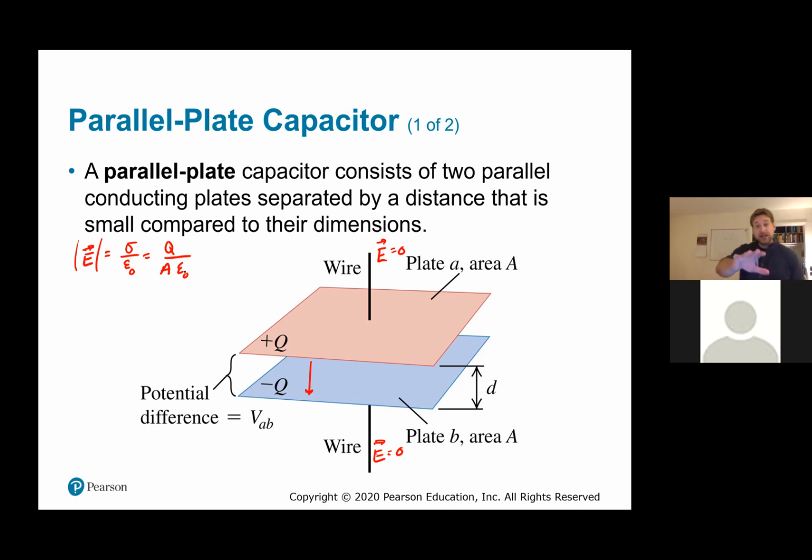Okay, fine. But back in the previous chapter, we said that the potential difference between one plate and the other plate, let's say that that's A and this is B, that the potential difference of point A relative to point B is the negative of the line integral of E dot dl.